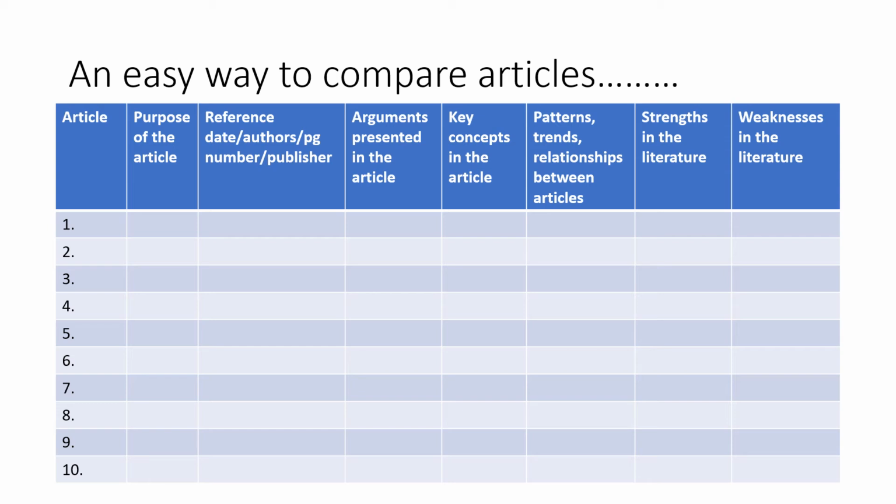One thing that I did that I found quite helpful, and you are more than welcome to copy this table or do one similar: you're required to do, say, 10 peer-reviewed sources, and that number is going to vary depending on your assignment. So we'll go with 10. You can write those articles down the side. You can put the title of the article there if you want to. Then you can write down for each of the 10 articles, what's the purpose?